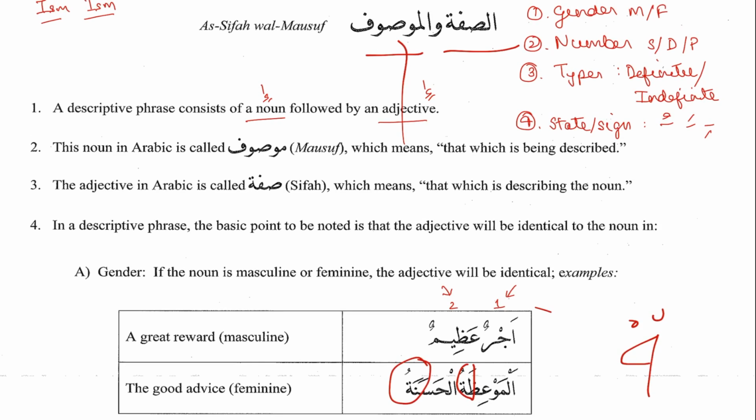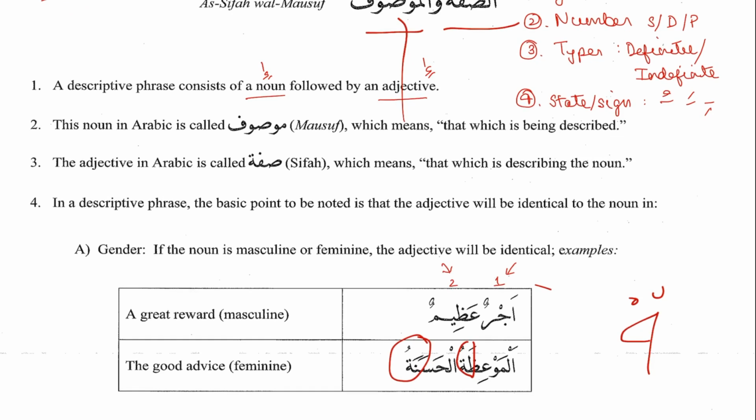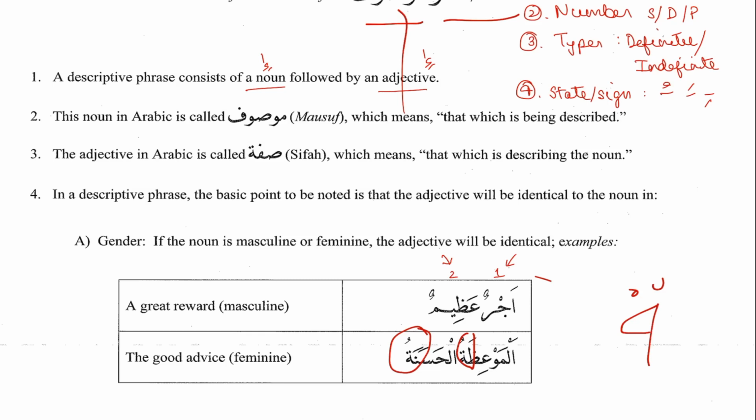We will cover this later in more detail, but right now they are indefinite. The simplest alamat of an indefinite noun is the dhamma tanween.